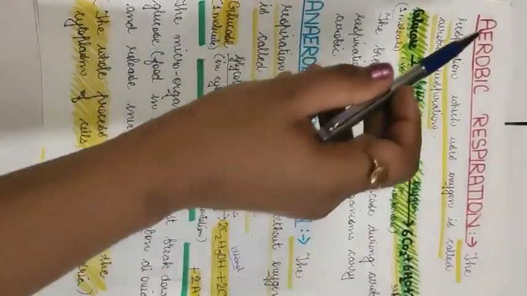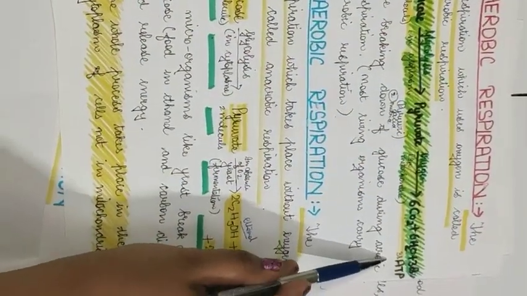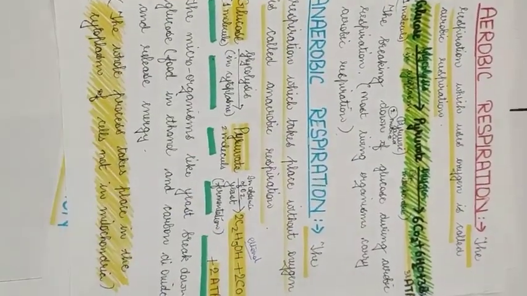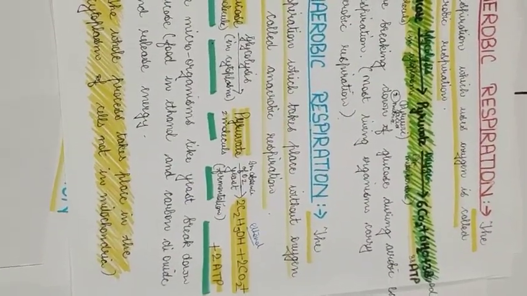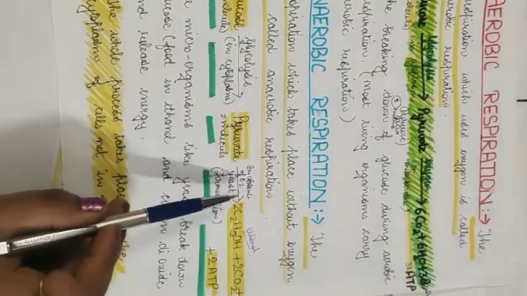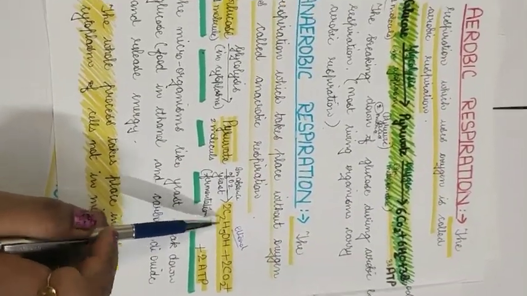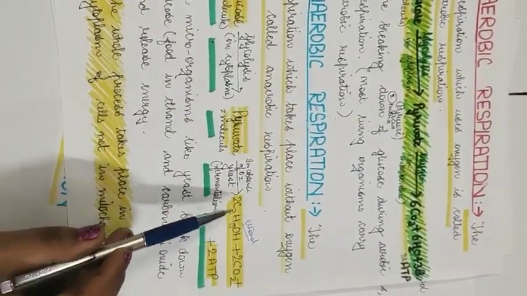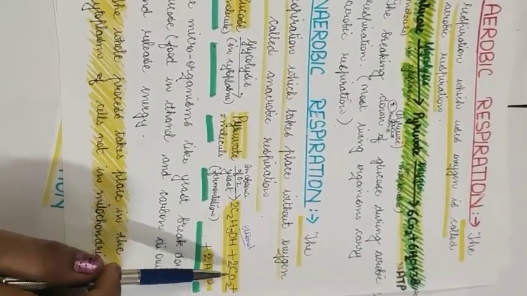So in aerobic respiration, a lot of energy is formed, that is 38 ATP. But in anaerobic respiration, only 2 ATP molecules are formed, and along with that ethanol is formed. In aerobic respiration there was no ethanol, only CO2 and water, but here, instead of water, it's ethanol and CO2.